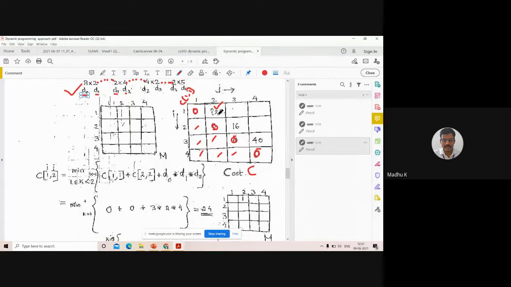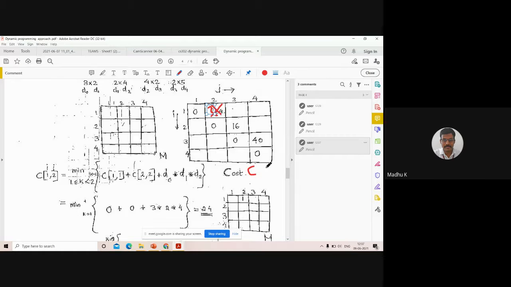Next, we want to calculate this one. How can we calculate this entry? That is the question. I want to calculate the value in this entry, and we are focusing on that case now.